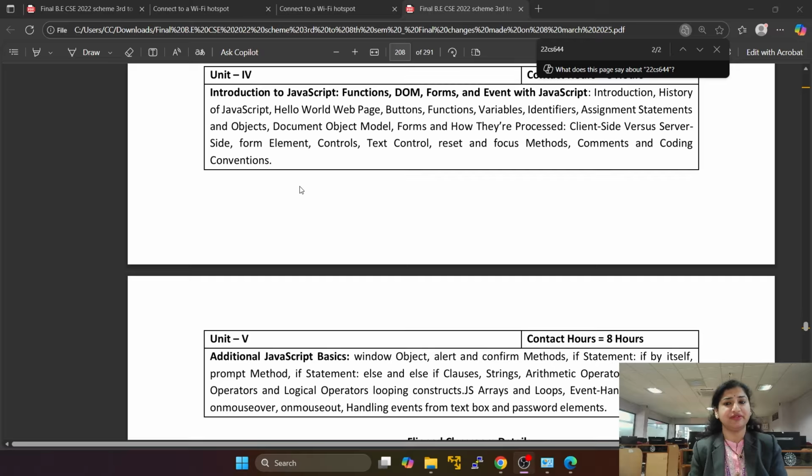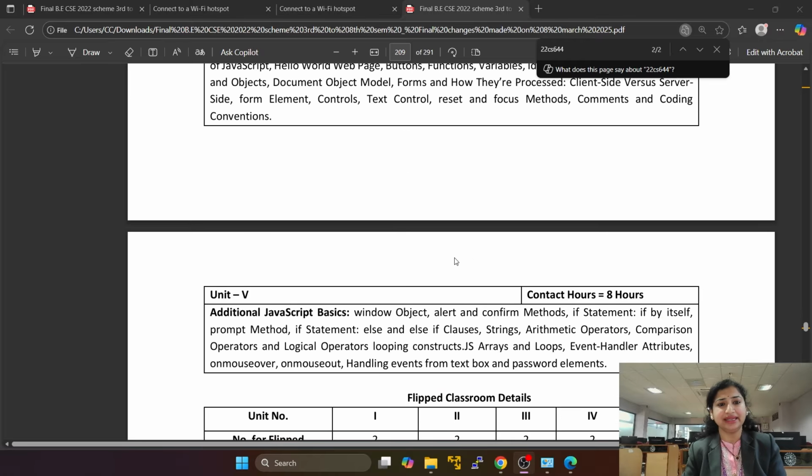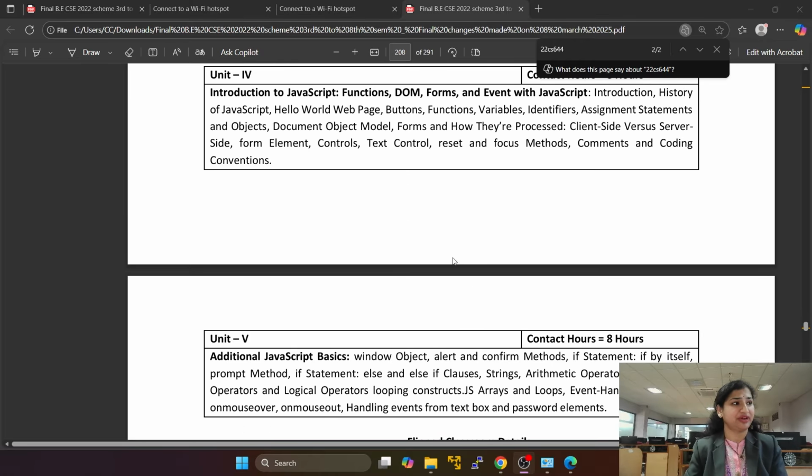Here we will be studying the client and the server side functioning also, and we will be seeing how exactly the client works with the website and how the server serves all the requests on a website. We are going to see the fundamentals of JavaScript, how to write JavaScript.